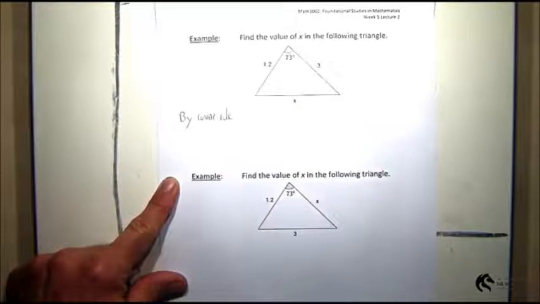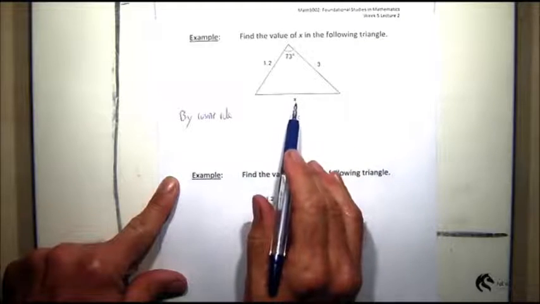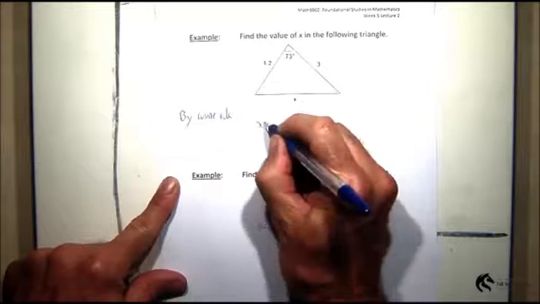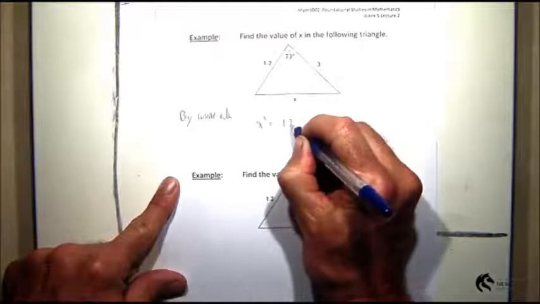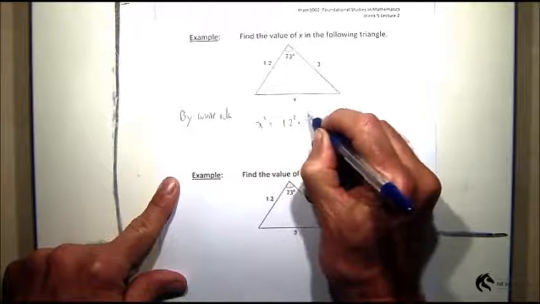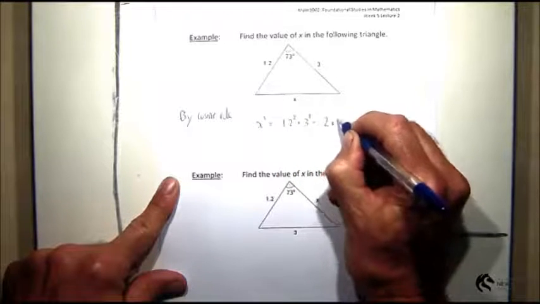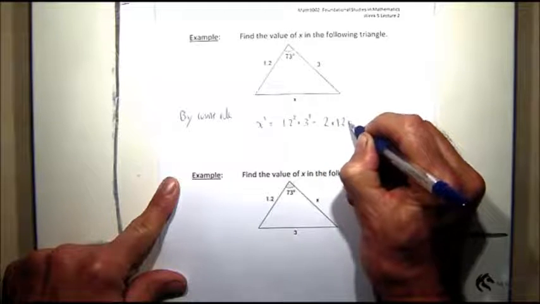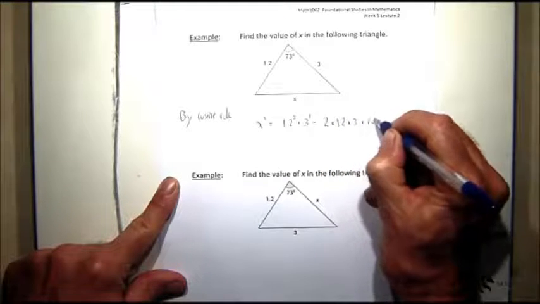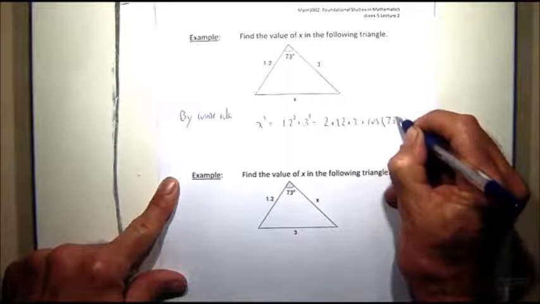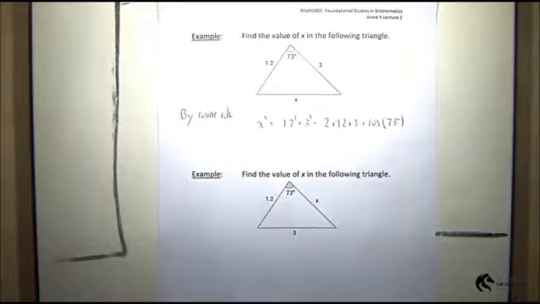And in terms of the cosine rule, this x is going to be my a, so x squared is going to be 1.2 squared plus 3 squared minus 2 times 1.2 times 3 times the cosine of the included angle, which is 73 degrees. So all you have to do is substitute into the cosine rule and you are done.